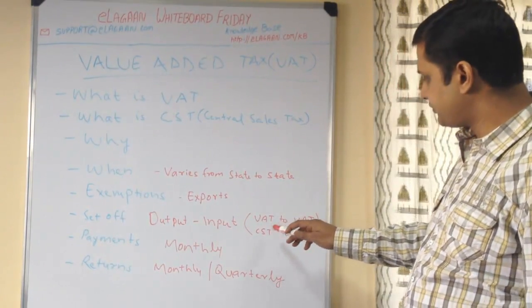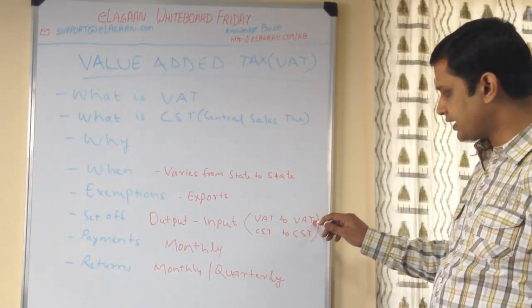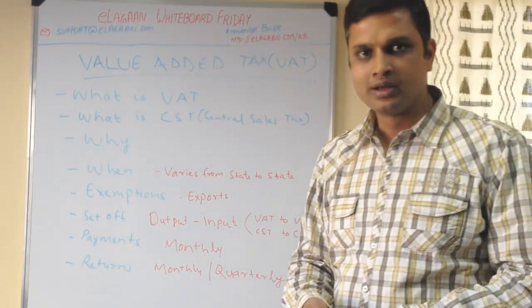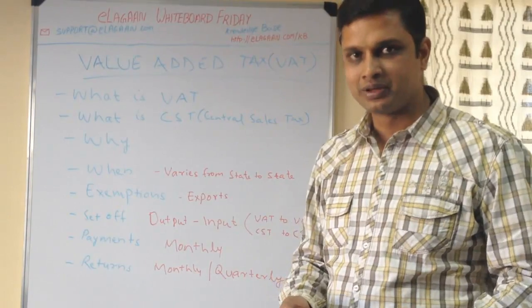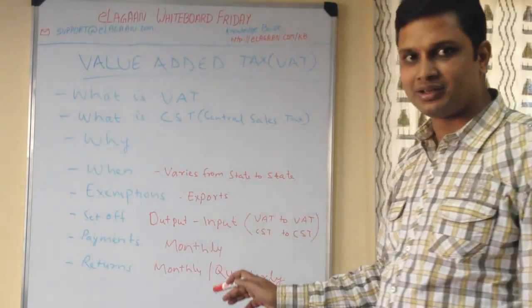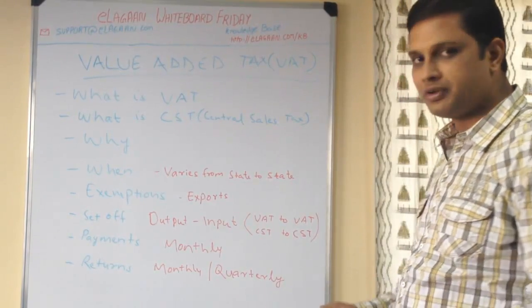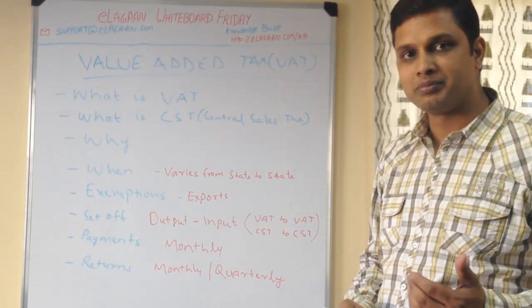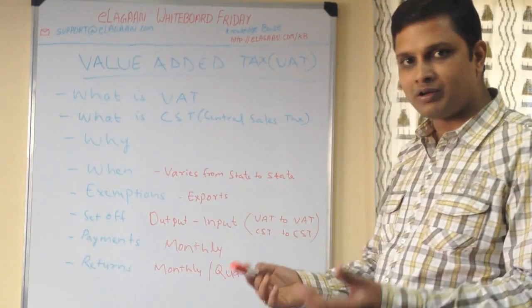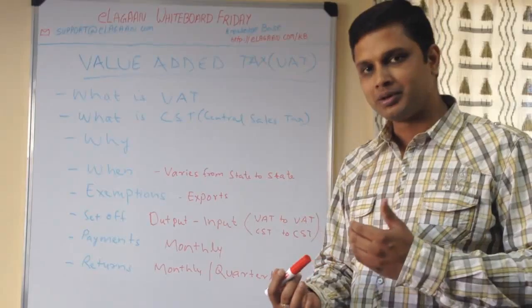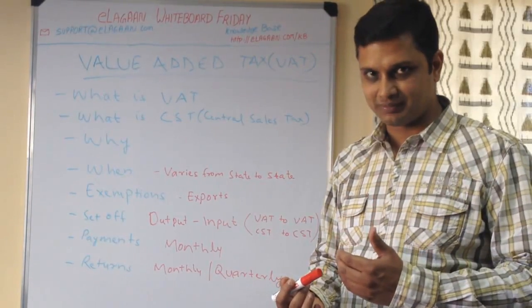Now there is a small difference here again. VAT to VAT can be offset. Suppose you have bought it from Bangalore and you are selling it within Bangalore, then you can take output minus input because in both places you are paying VAT. But if you are buying it in Bangalore and selling it in Mumbai, then while buying you had paid VAT, but while selling you are charged CST.